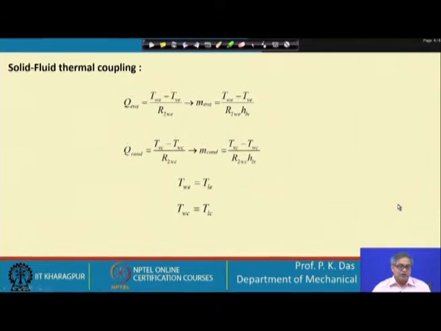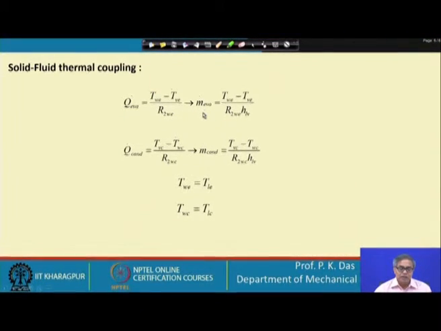Solid and fluid thermal coupling. Now what we can do is determine Q, the evaporator side heat, knowing the wick temperature within the wick, the temperature of the vapor in the evaporator, and then the resistance.